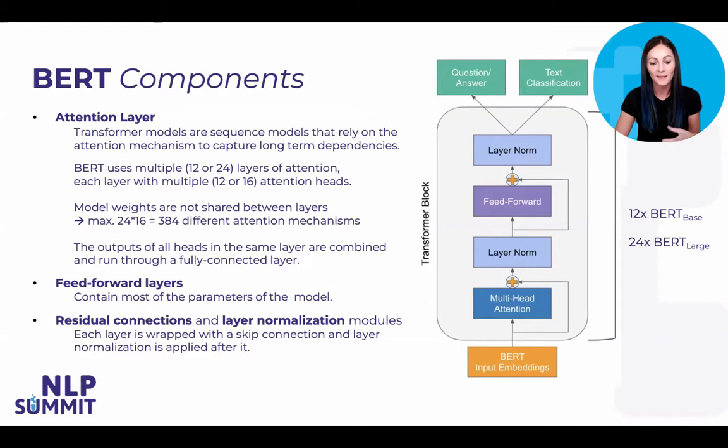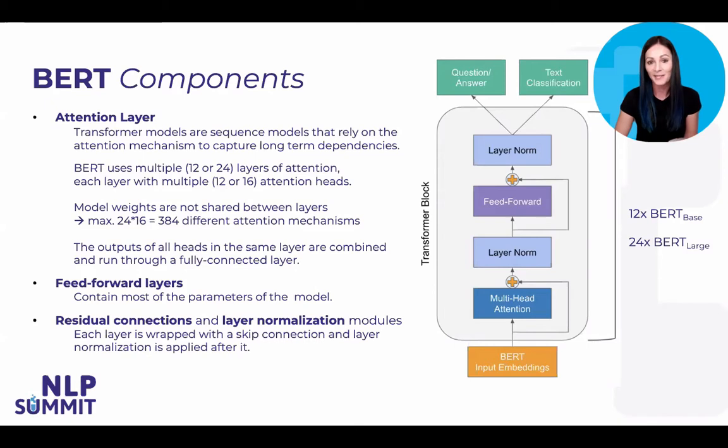And they really rely on that attention mechanism to capture the long-term dependencies. And also, they don't just have a single attention head, as it's called. They do have a couple of those, so it's a multi-head attention. And also, again, depending on which model you use, it can be 12 or 16 in this layer. So overall, BERT can leverage 384 attention mechanisms as those transformer blocks are stacked.